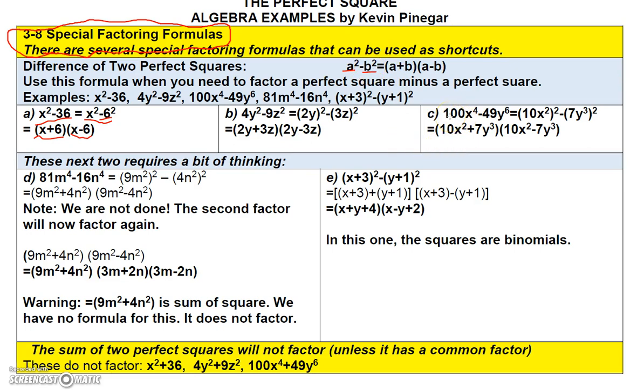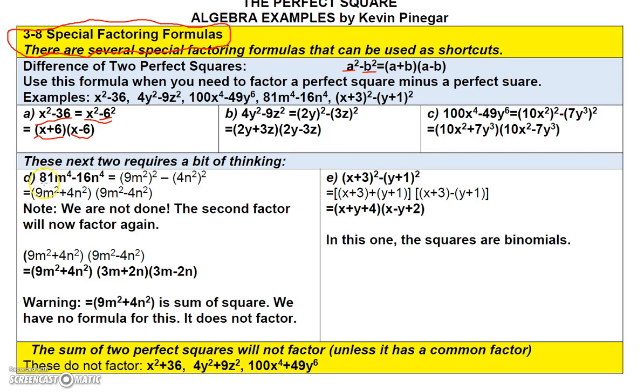All right, let's take a look at 100x to the 4th minus 49y to the 6th. Well, 100x to the 4th is actually (10x squared) squared, and 49y to the 6th is (7y cubed) squared. So this would actually factor into 10x squared plus 7y cubed times 10x squared minus 7y cubed.